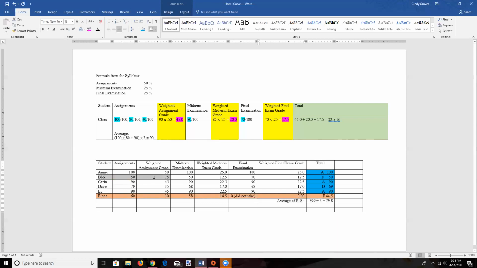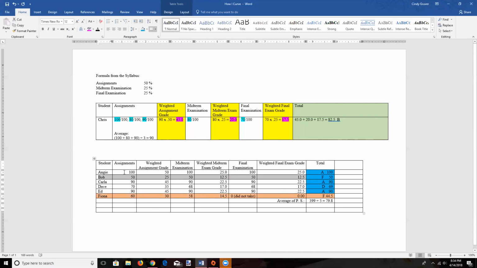In Bob's case, we can see he's definitely persistent. He has completed at least half of the assignments, and he's gotten a grade for the midterm and the final examination. So he is trying even if he's not passing. So what I've done is I've added the grades for all the students that are persistent students. In other words, I've excluded Fiona, and then I've divided that by the number of students in the class to come up with an average, and the average ended up to be 79.8.